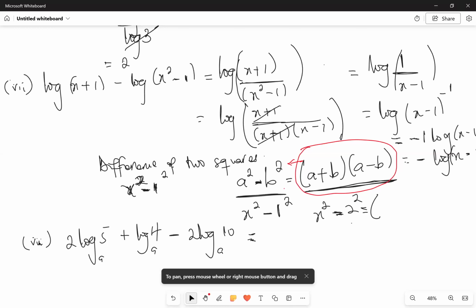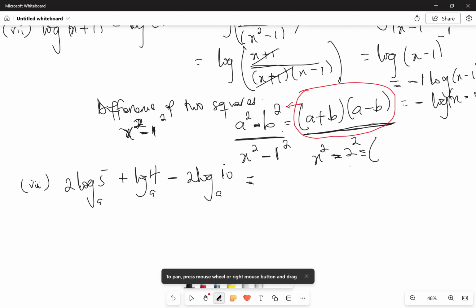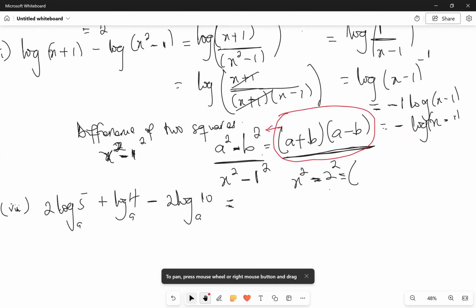How is it going? So, yeah, in our previous example, we pushed the 2 up like that, right? Then plus log 4 base A, that's cool, minus log 10, you push the 2 up, right?